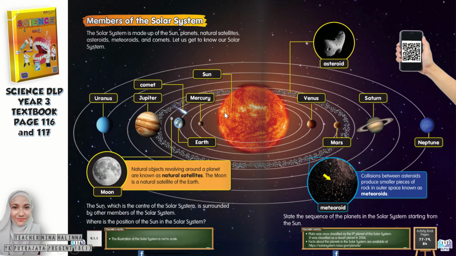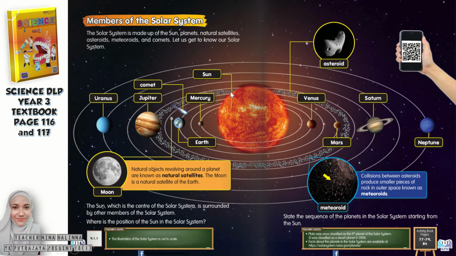Okay, now, if you look at the labels here, you would notice something. Some of the words start with capital letters. For example, Sun, Mercury, Earth. Okay, but some are not. For example, comet, asteroid, meteoroid. Okay, so why are these words written differently? Okay, don't worry about it. Let's start.